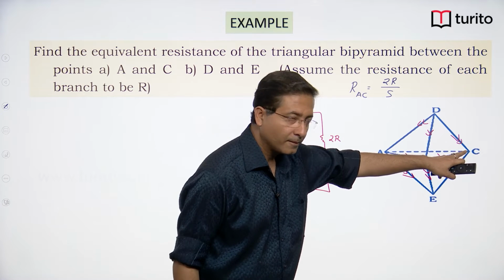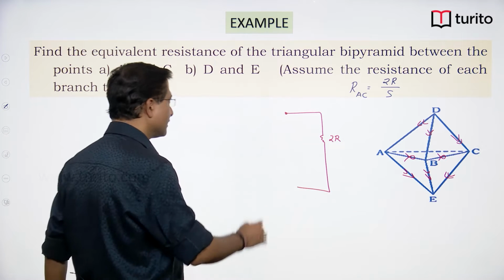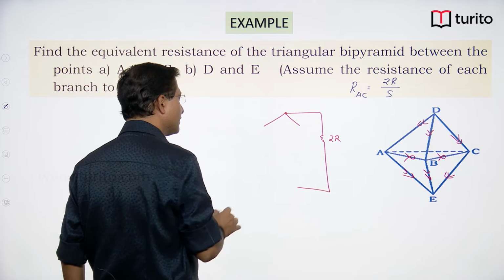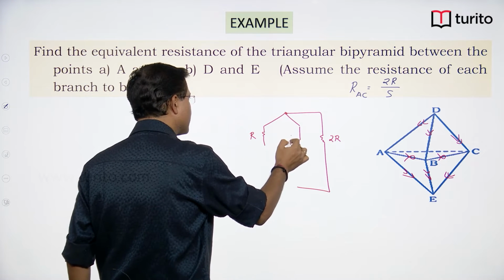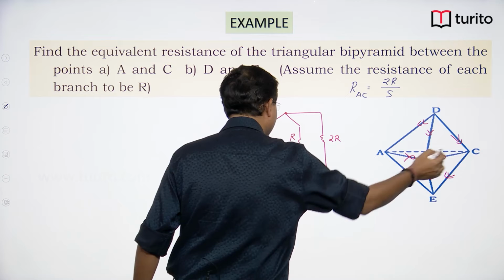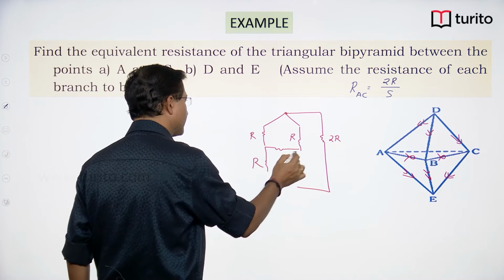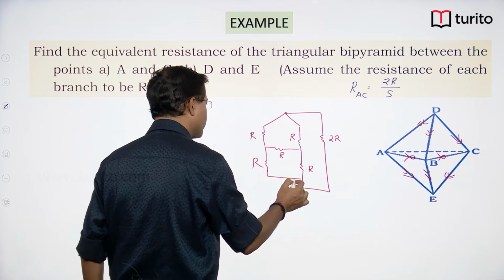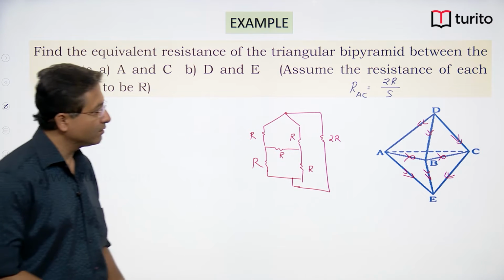Now this branch and this branch, here what is happening, this R and there is this one R, again R, something like this I can draw.